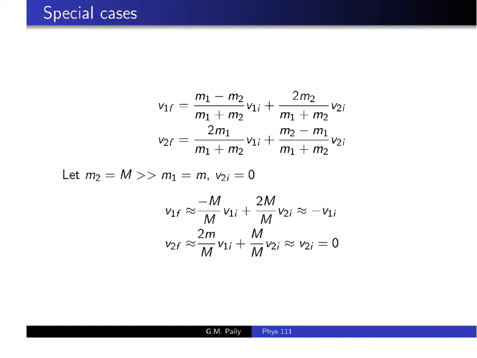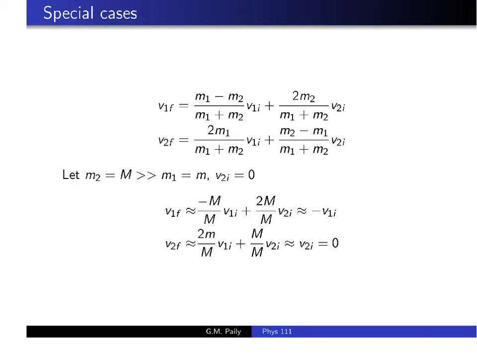However, this term too is going to be effectively 0 if big M is many times bigger than little m. In other words, this term will shrink down close to zero as big M goes to infinity.